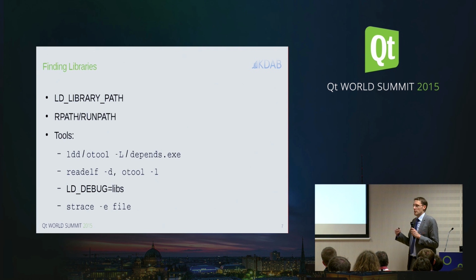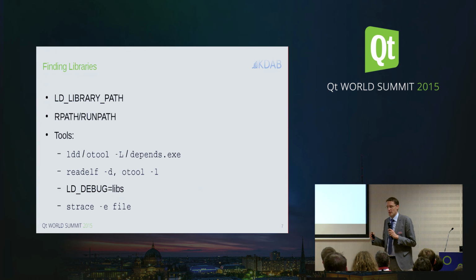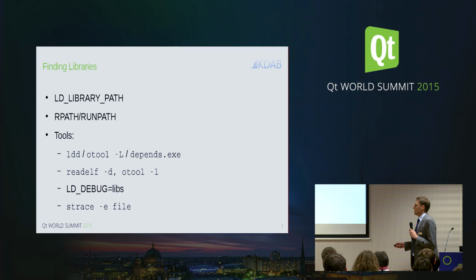If it finds a candidate, it tells you why it's not using that candidate, might be a different architecture or whatever. So this gives us a fairly detailed insight into where stuff is searched and why or why not it's loaded. And you can do something similar with strace, which basically shows you all the file operations, including that of the loader, and you'll see where it actually tries to find the library.